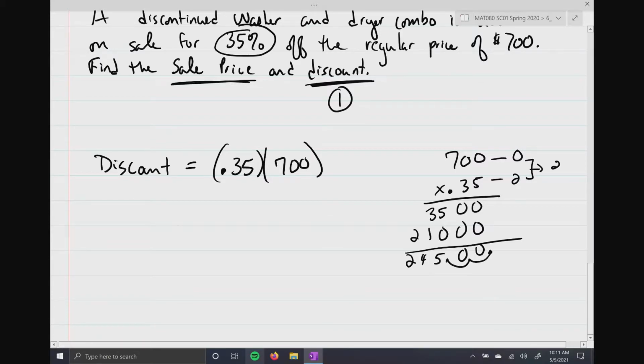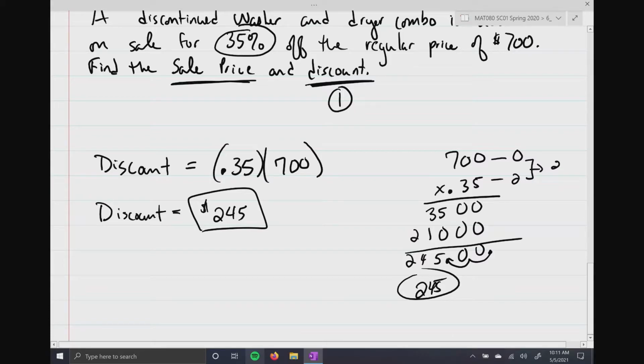So my discount equals $245. That is a big discount. I mean, that's huge. $245 off.